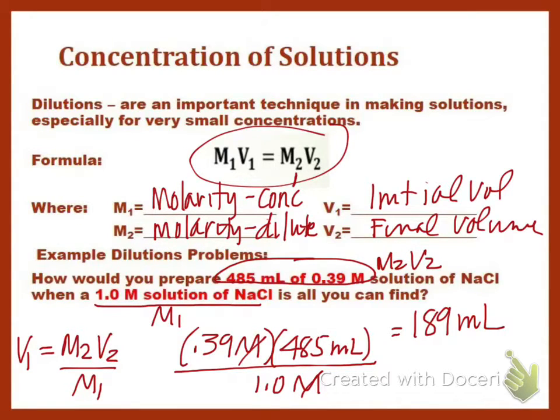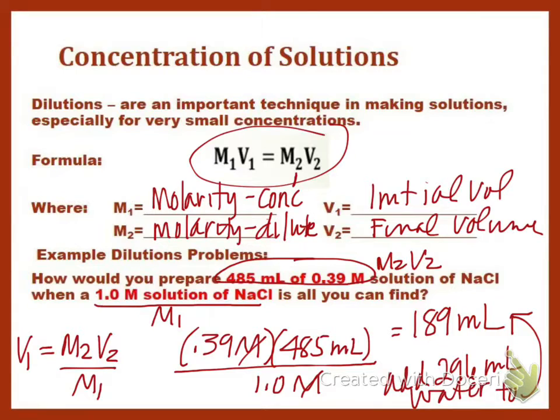I wouldn't add 485 milliliters to it. I have to equal it. So I would actually add 296 milliliters of water to this right here for a total of 485. Okay? For a total of 485.